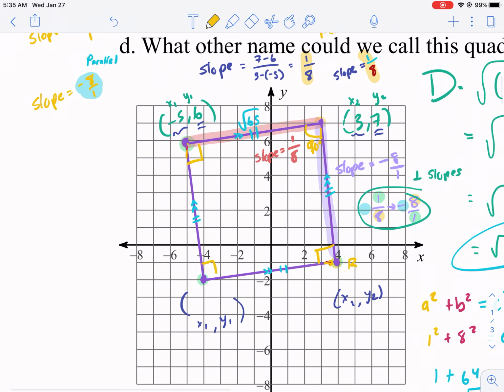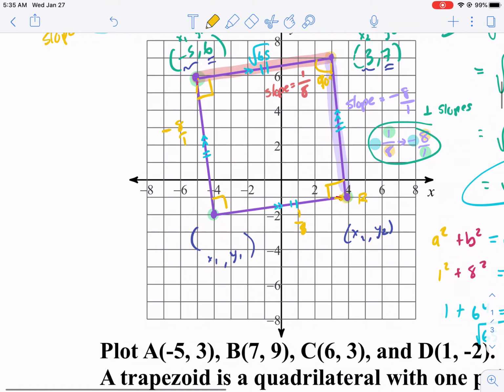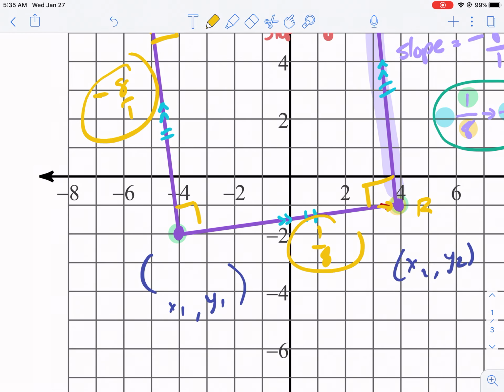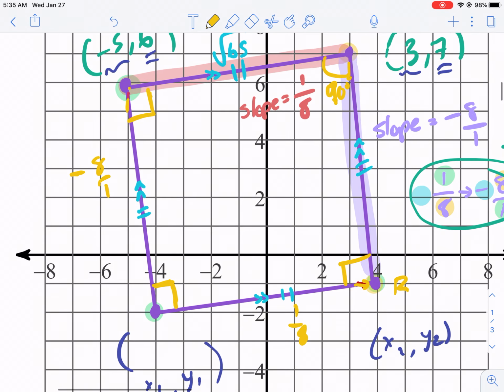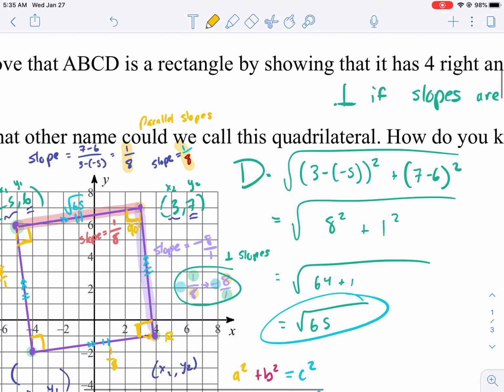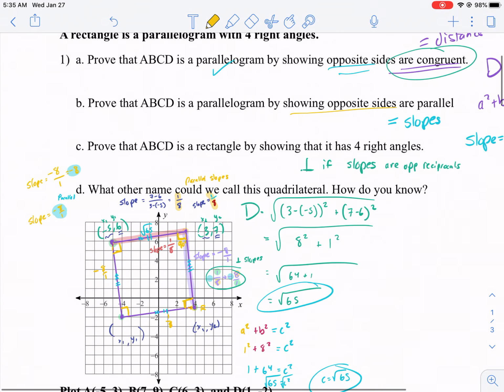Okay, this was -8 over 1. This was 1 over 8. And again, -8 over 1 here, opposite reciprocal there. So that means that these two lines are perpendicular. Okay, same thing with these ones, same thing with these ones. All of them are opposite reciprocal slopes. Therefore, we've proven that they have 4 right angles because perpendicular is the same thing as right angles.